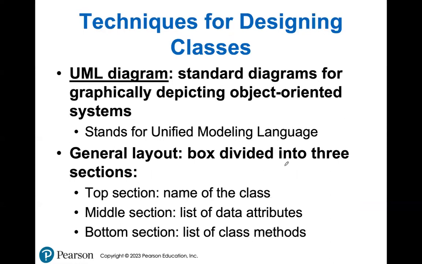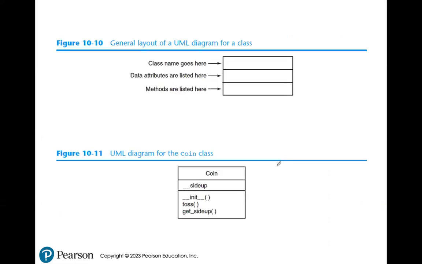All right, techniques for designing your classes. So again, a recap of the UML diagram. UML diagram is a golden standard in programming. And whenever you're creating your classes, you will be using UML diagrams, which stands for Unified Modeling Language. And the general layout of a UML diagram is a box that's divided into 3 sections. Let me show you this.